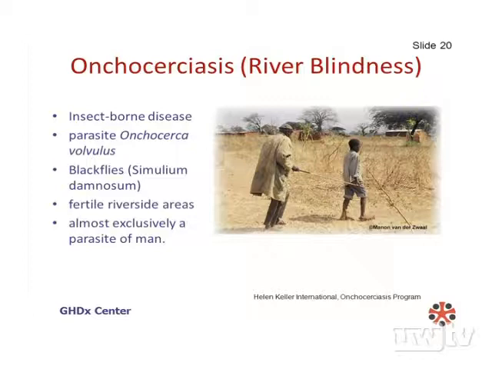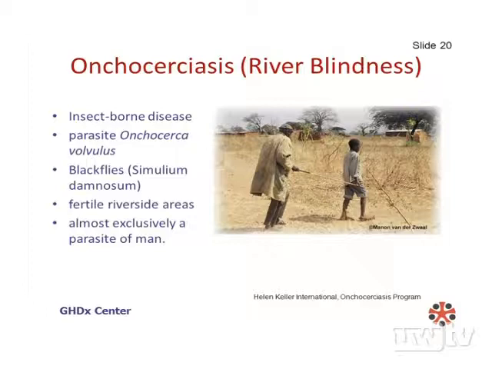The parasite is transmitted by the black flies, Simulium damnosum, which I was told in Latin means damned fly, because when it bites, it's very painful, and the bite can stay painful for up to 2 weeks. And they used to be very common in fertile riverside areas.